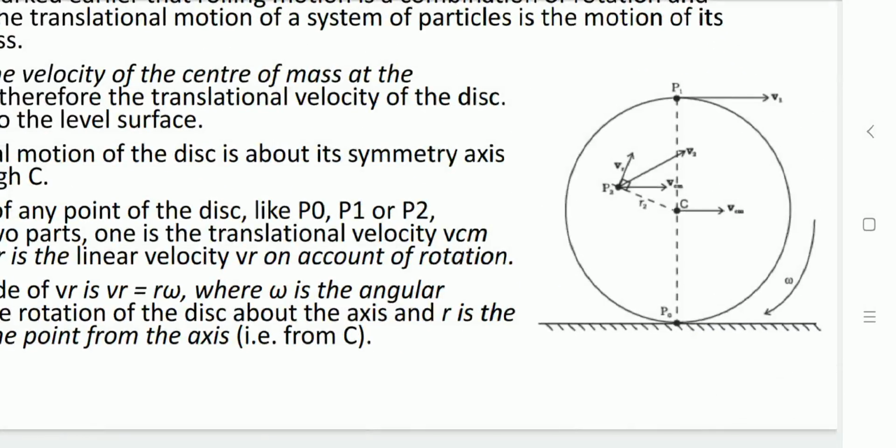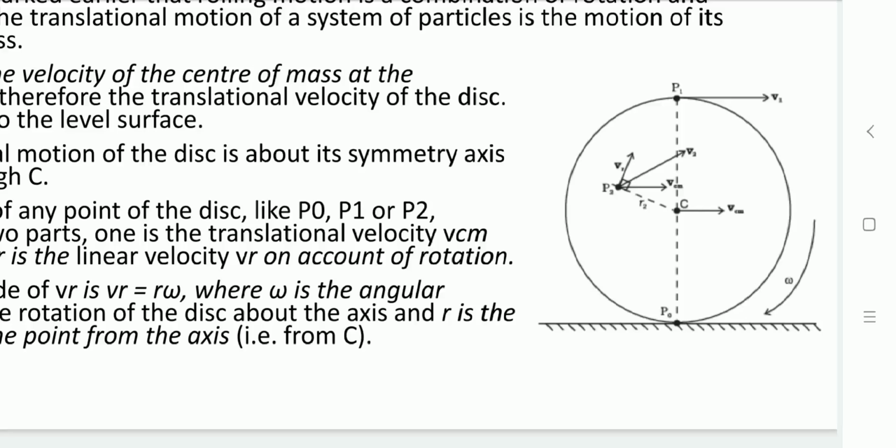And V2 is perpendicular to the line P0 P2, where the line passing through P0 is parallel to omega, the axis of rotation.